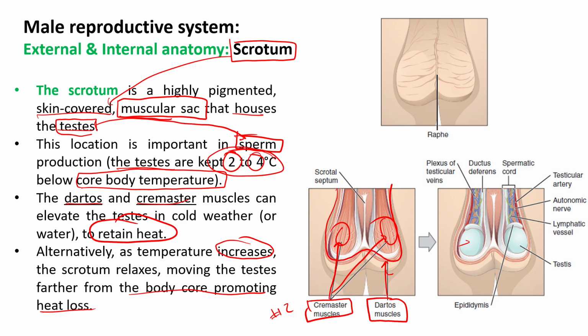So when the dartos muscle contracts, it will move both testicles up. When the cremaster muscles contract, they will move the testicle that they control. So two cremaster muscles, one single dartos muscle. Both of them have the same function, but it's important to know that little detail: there's only one dartos and two cremaster muscles.